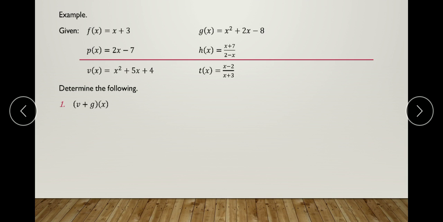Okay, first example is that we are going to get the sum of the functions v and g. From the given functions, f(x) is an example of a linear function.